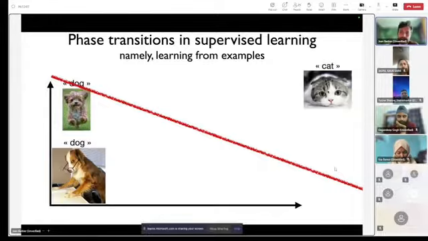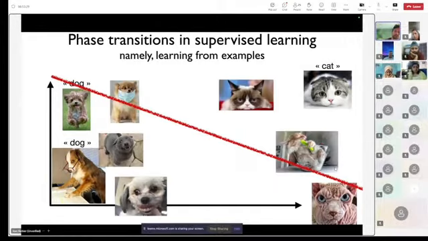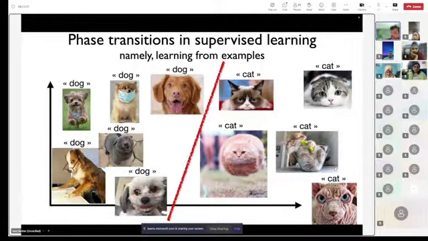But you should imagine all these images as a point living in a 10,000 dimensional space representing the images. And each of these points comes with a color, a label. So there are the dog points and the cat points. And you're trying to find a decision boundary between the two that separates the two classes. Okay, the more examples you have, the more you can fine-tune this decision boundary, of course, until hopefully you find something which is predictive enough.